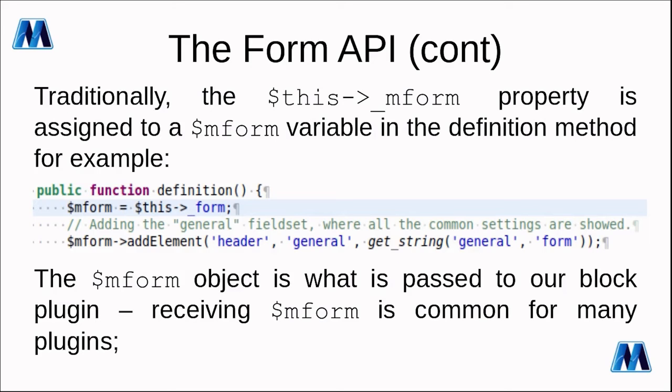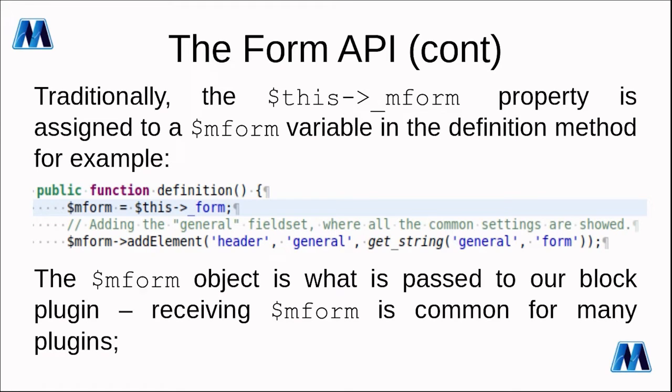So generally, traditionally, the _form property is assigned to an $mform variable in the definition method. So for example, as you can see on the screen, this makes it easier to just call addElement or whatever else you need to call of the methods of this form.